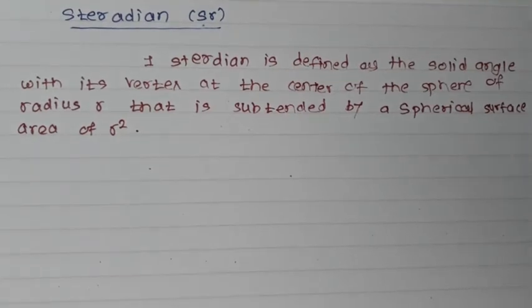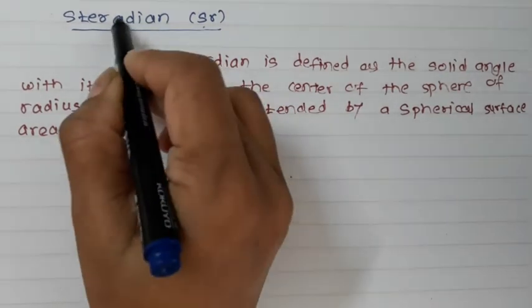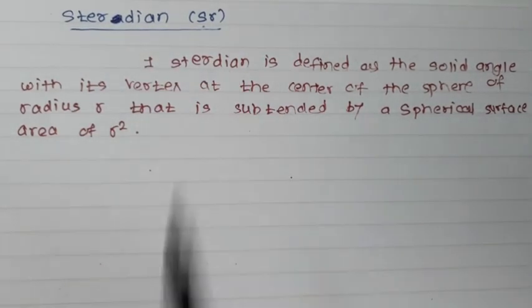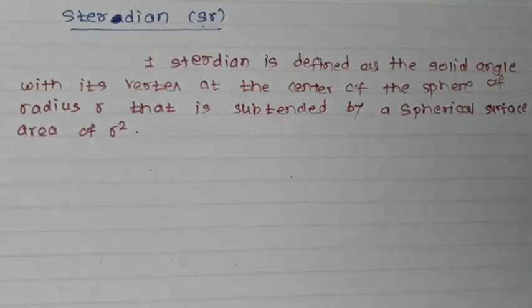Steradian is the solid angle, the angle with its vertex at the center of the sphere of radius r that is subtended by a spherical surface area of r square. Now let us understand this definition.